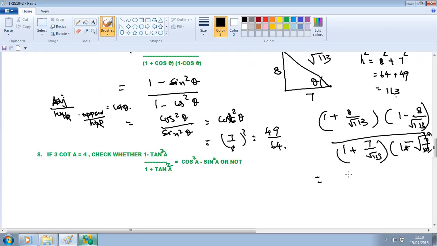Now if we solve, a square minus b square: 8 multiplied by 8 is 64, root 113 multiplied by root 113 becomes 113, so 1 minus 64 by 113, divided by 1 minus 49 by 113. If you multiply and divide by 113, 113 minus 64 is equal to 49 by 113 minus 49 is 64. Same answer you will get.